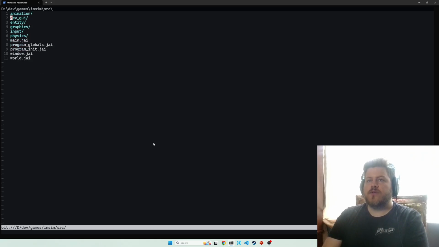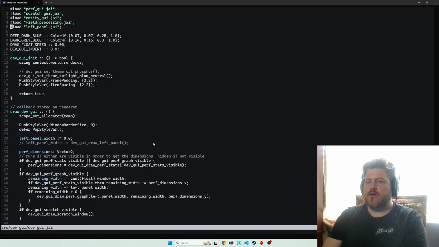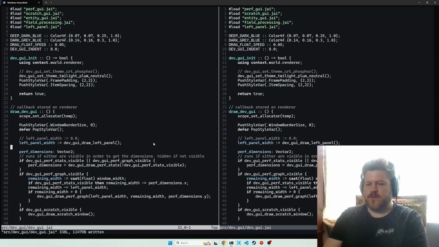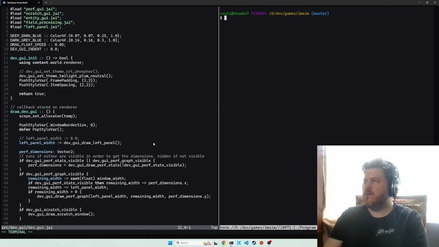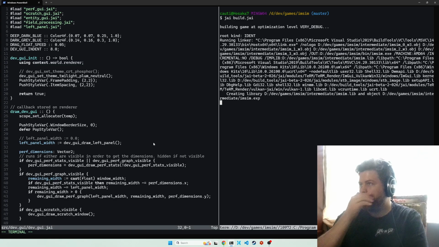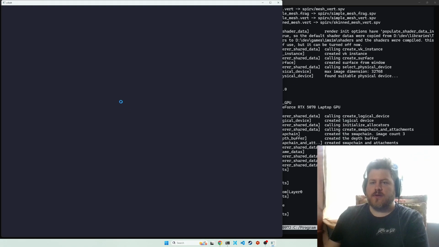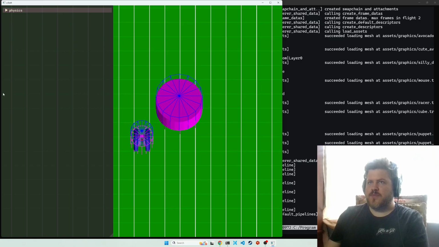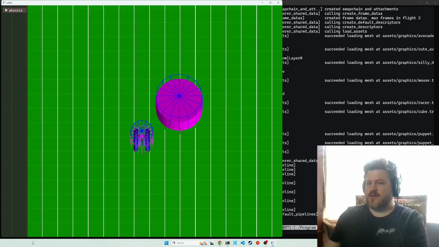So, if we go into the dev GUI here, I think I just have it. Yeah, I do. I just have it commented out. See how that looks. Okay, so this is the main thing I don't like, that it's taking most of the screen, but obviously I can do this, and maybe that's good enough.